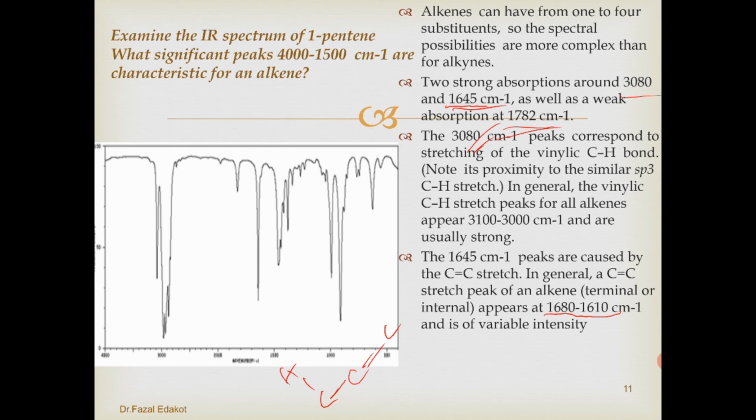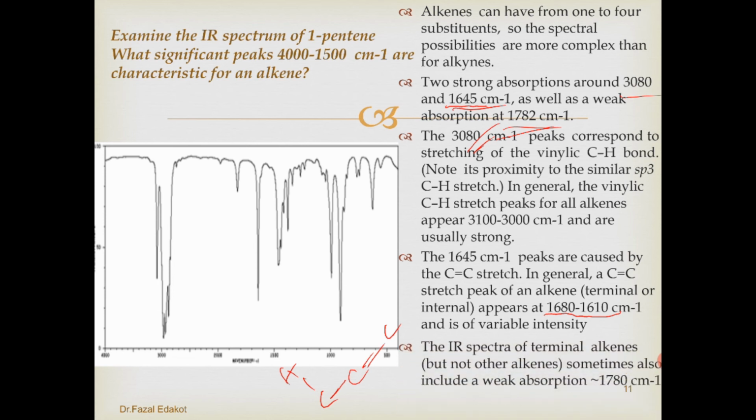We can't assure what the intensity could be; it can be weak, strong or moderate. The IR spectra of terminal alkenes, but not other alkenes, sometimes also include a weak absorption at 1780 inverse centimeter.